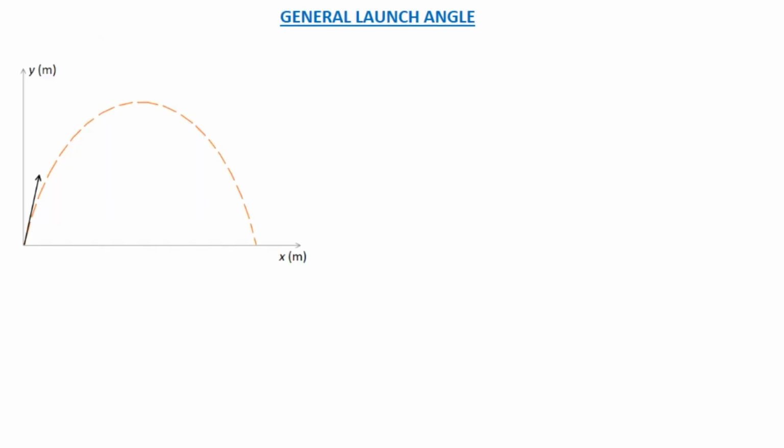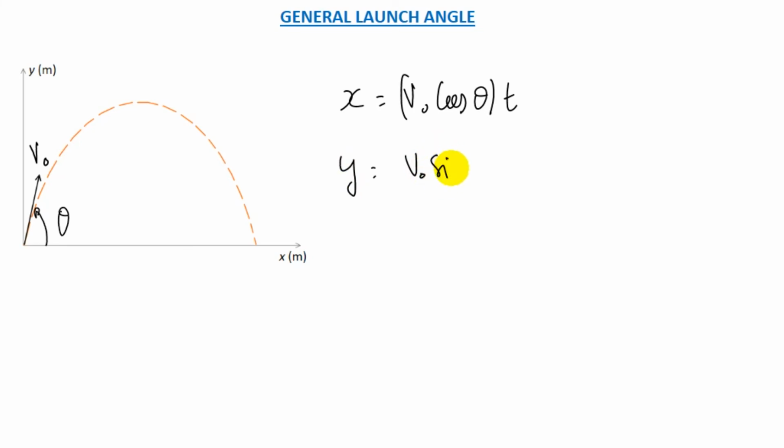Then next we discussed the general launch angle, when the projectile is launched at an arbitrary angle theta with some speed v naught. And the equations that we derived were x equals v naught times cosine theta times t, and y equals v naught sine theta times t minus 1/2 g t squared.